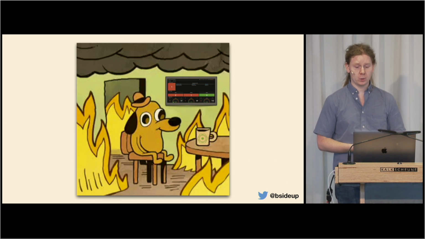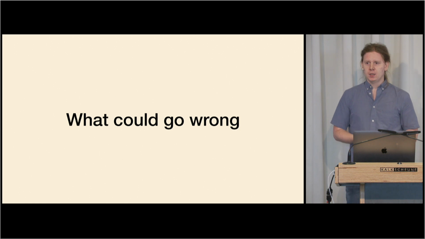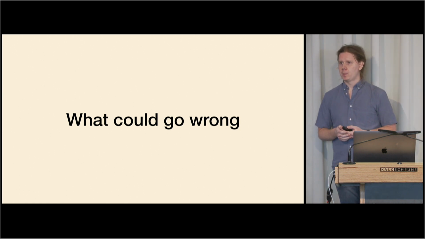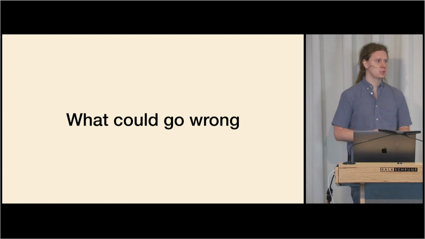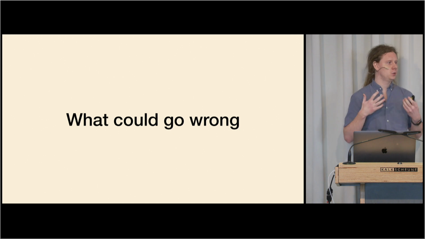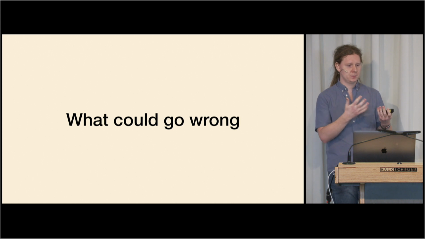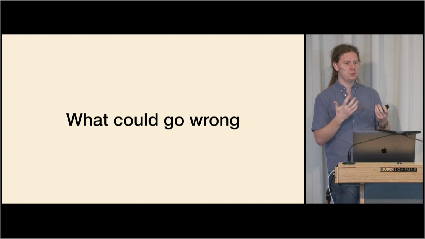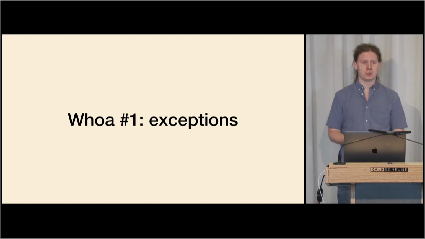And I would like to talk about what could go wrong. So the first surprise for me was that one of the things you feel like you always knew is exceptions.